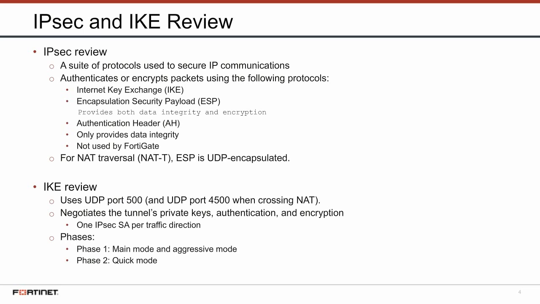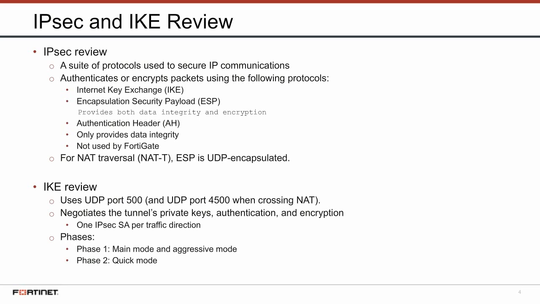FortiGate uses the tunnel to negotiate with the peer and determine the security association, SA. The SA defines the authentication, keys, and settings that will be used to encrypt and decrypt that peer's packets. It is based on the Internet Security Association and Key Management Protocol, ISAKMP. IKE defines two phases.